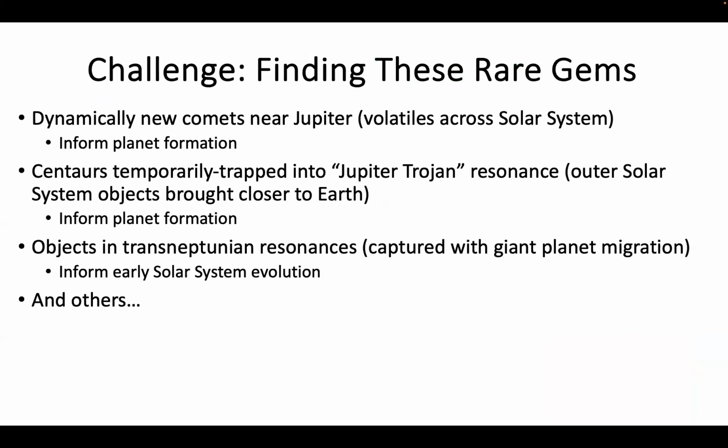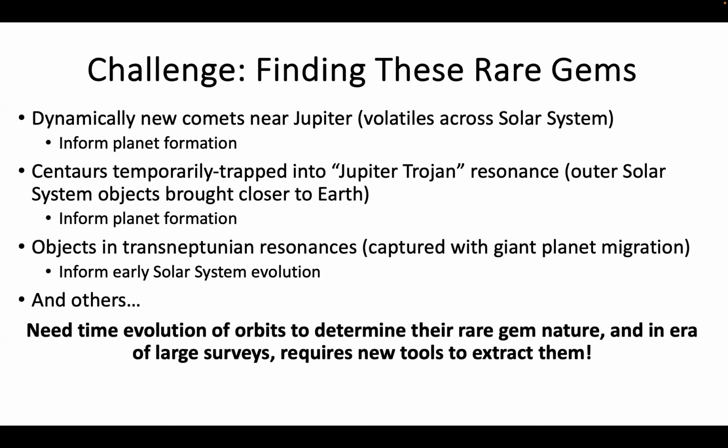The challenge, of course, is being able to find all of these rare gems, the most important rare gems, I would argue, in the solar system for helping us best understand planet formation and evolution. And these are just a few of the different examples that I've been able to talk about, but there are others.